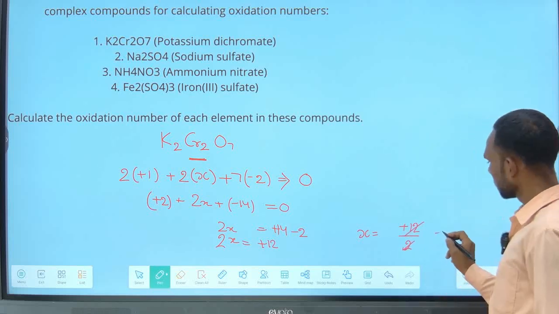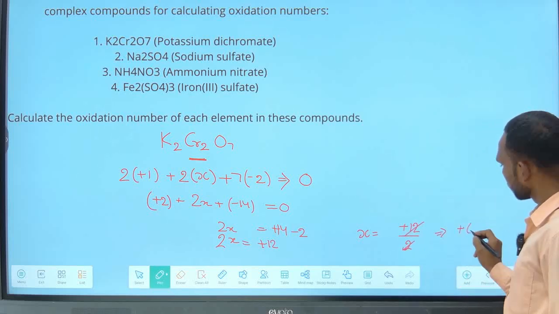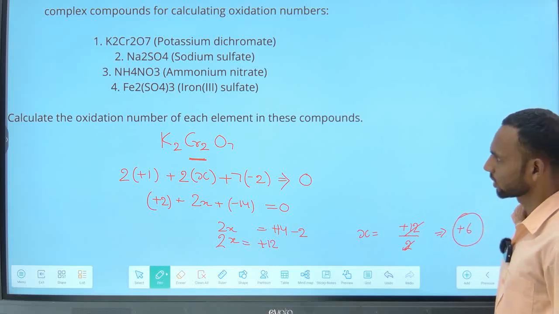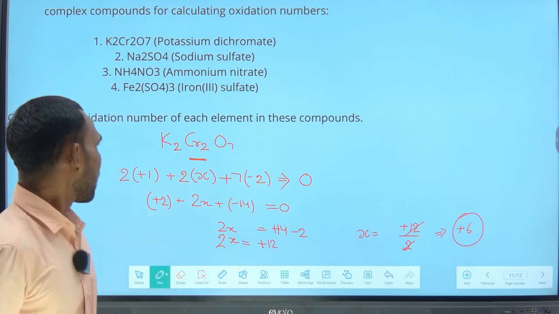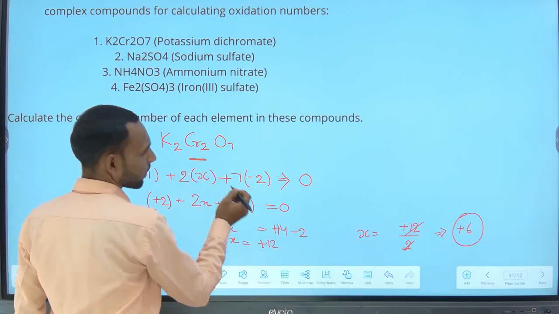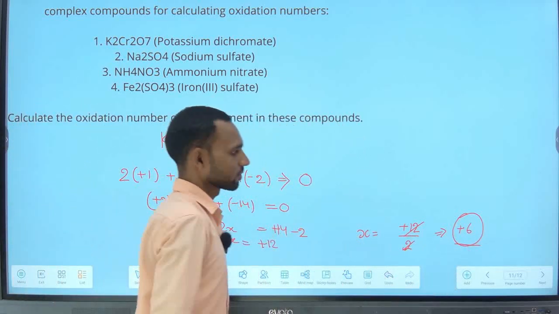Cancelling, we get the +6 oxidation state. This means that in K2Cr2O7, the Cr element has the +6 oxidation state.